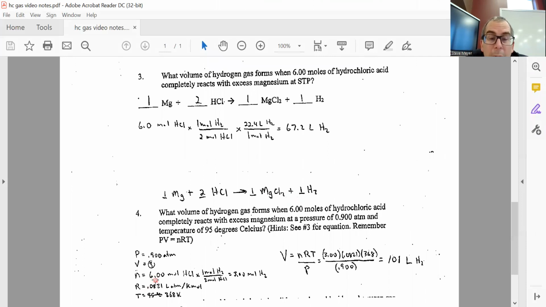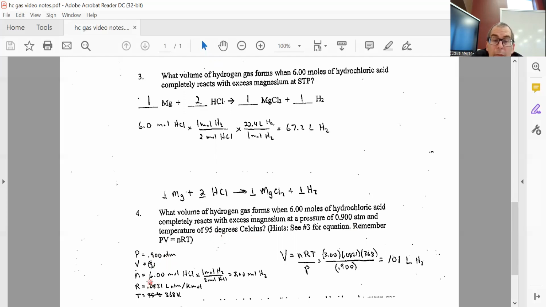I have 6 moles of hydrochloric acid, and I'm asked for the volume of hydrogen gas, but this time we're at a lower pressure and at a much higher temperature, 95 degrees Celsius. So can I figure that out? Yes, I can use PV equals nRT, and I put my pressure at 0.9 atmospheres. I don't know my volume.